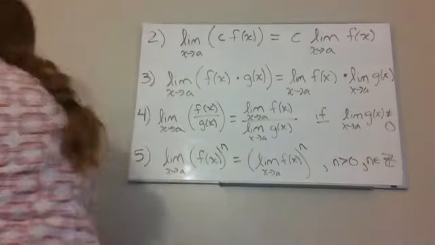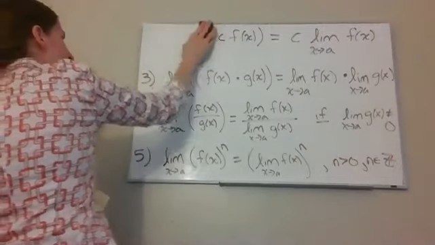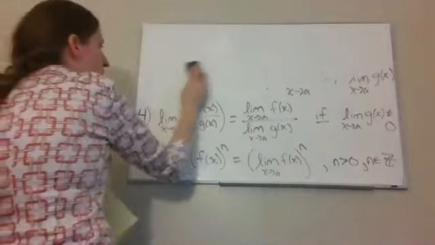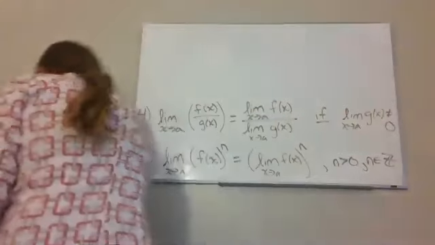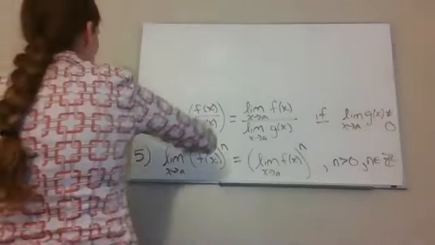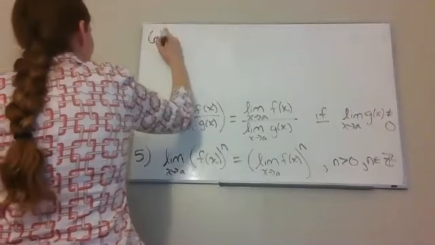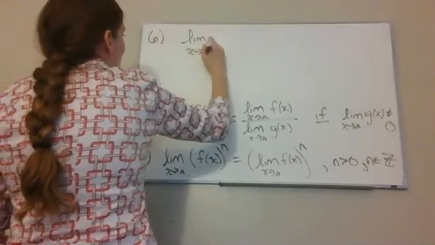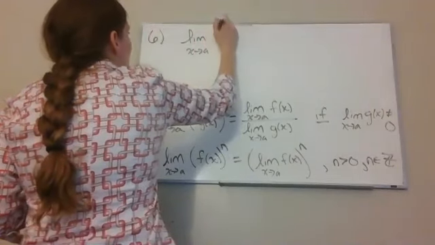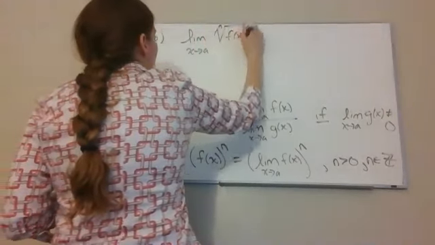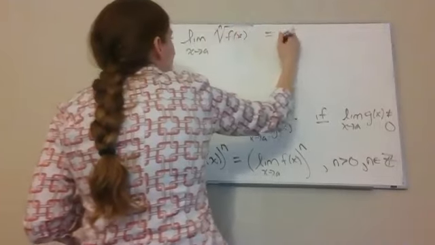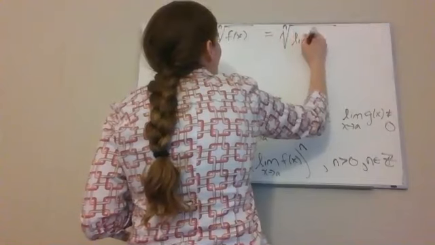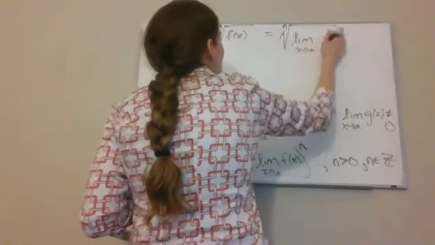And our very last limit law to write down is very similar to that last one, but involves roots. So limit law 6. The limit as x approaches a of the nth root of a function is the same thing as the nth root of the limit.